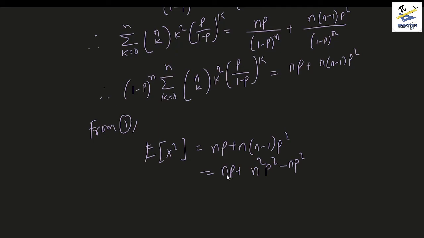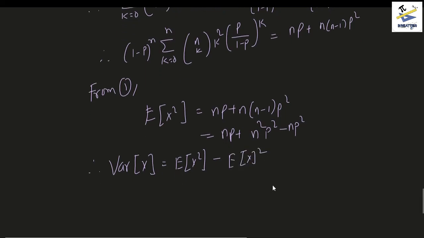So this gives you the whole idea of how to solve certain problems, and the variance here would be Var of X equals E of X squared minus (E of X) whole squared. So we know E of X square is np plus n square p square minus np square, and (E of X) whole square is (np) whole square, right?